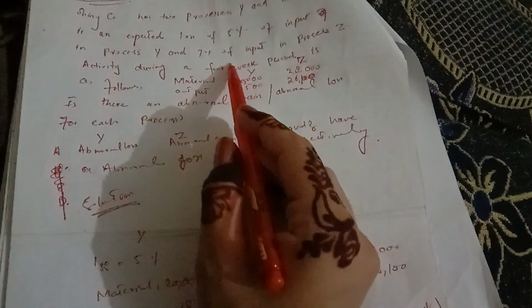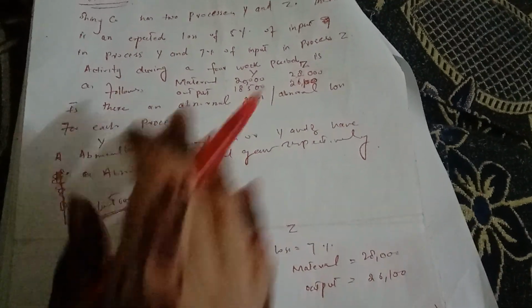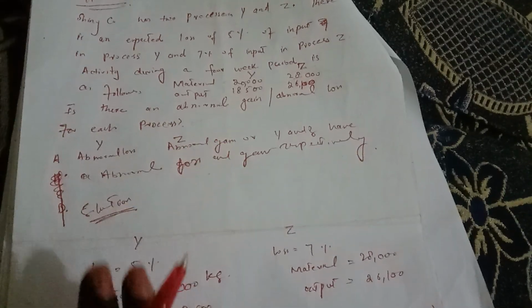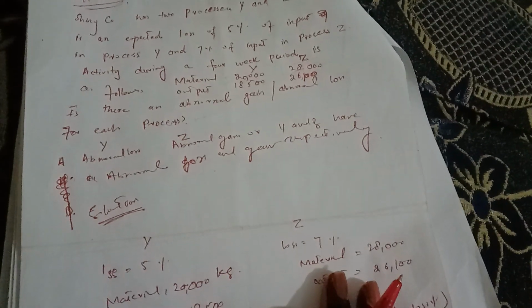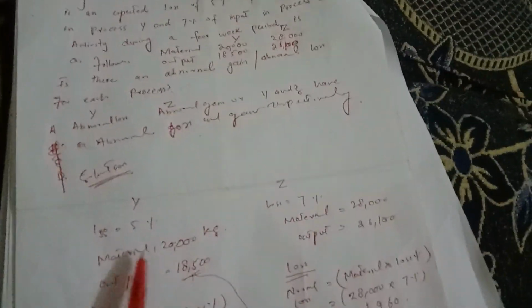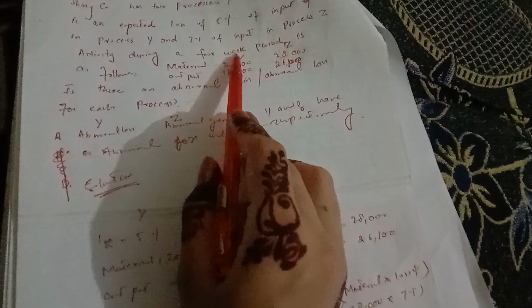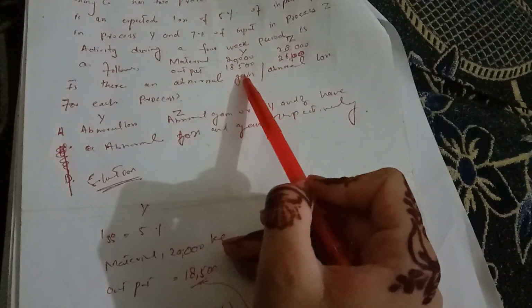First of all, there is a loss of 5% in Y. We will separate all the prerequisites of the question for both processes, Y and Z. In Y, a loss of 5% is given, the material is 20,000 and the output is 18,500.